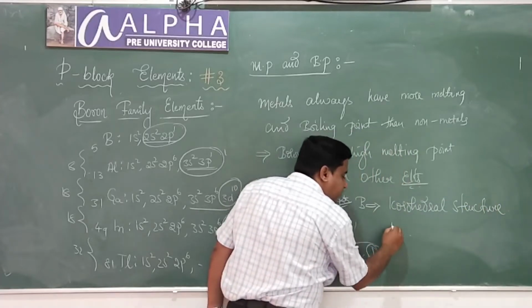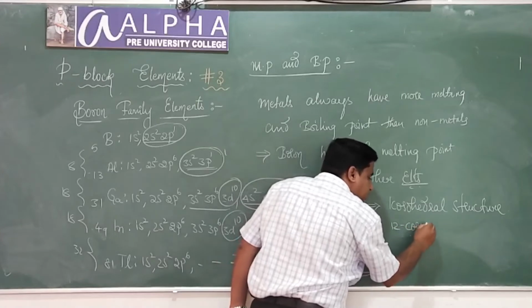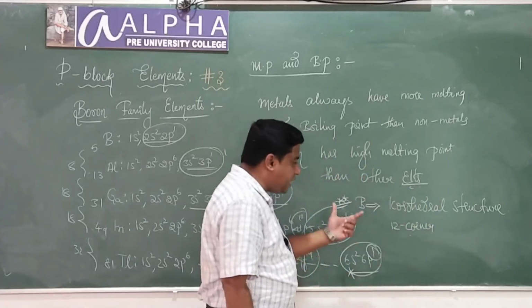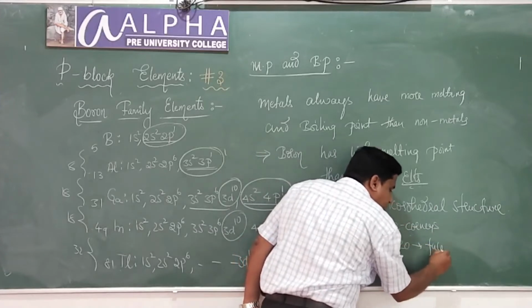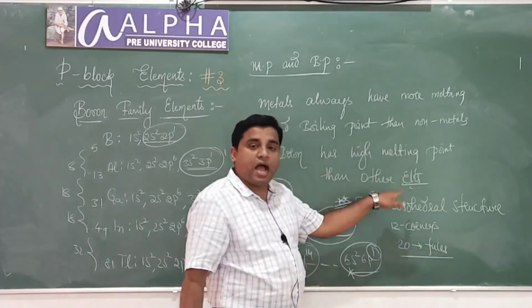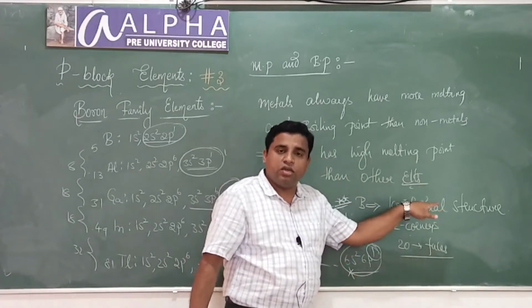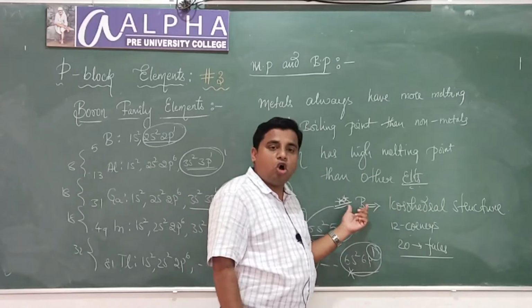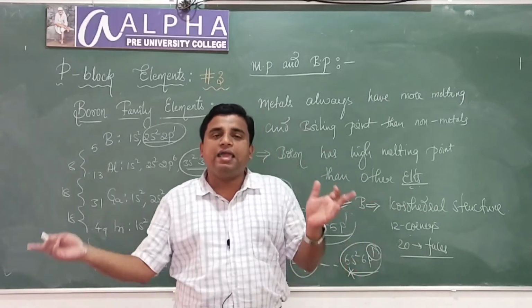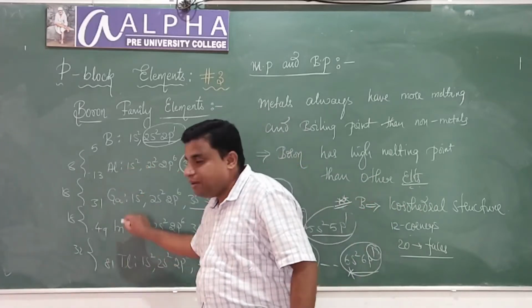The icosahedral structure means it has 12 corners and 20 faces. It is because of this icosahedral compact structure that boron has a higher melting point than the other elements.